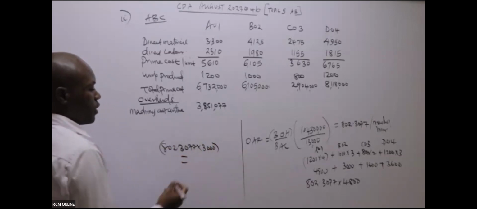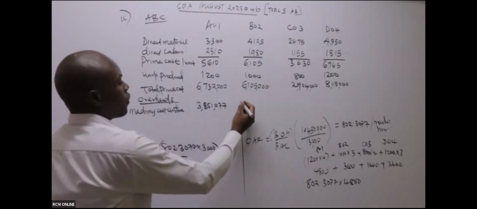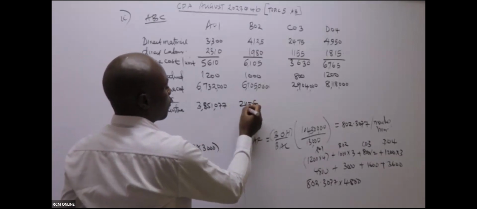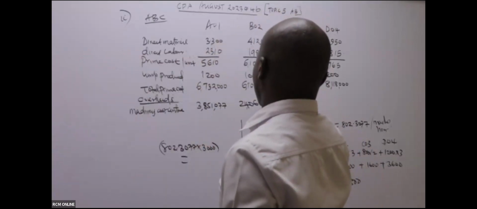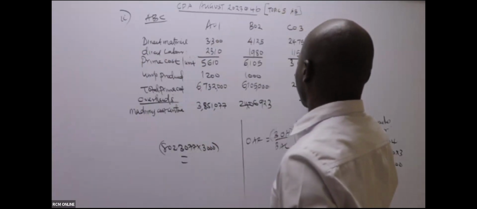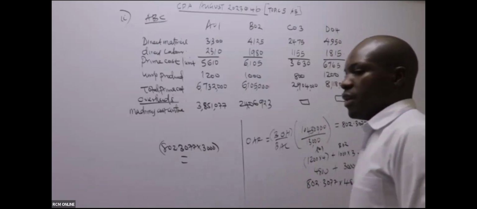So when you multiply these, what are you getting? 2 million 4 hundred... 2,406,923. Okay, so we'll be able to complete this part during our normal class time.